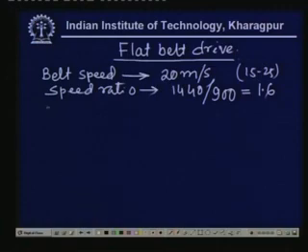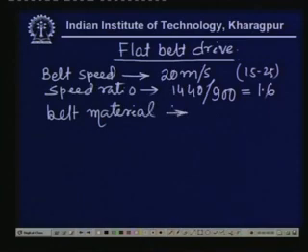Then we have to decide about the belt material, and we consider something like a leather belt, which is quite common in use. So for these we start our design.